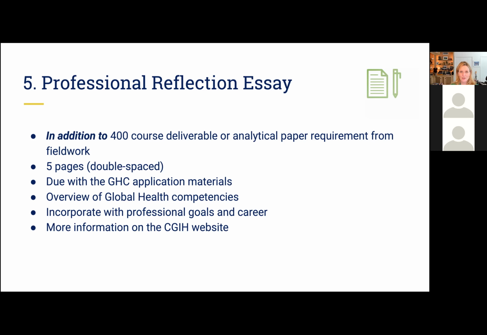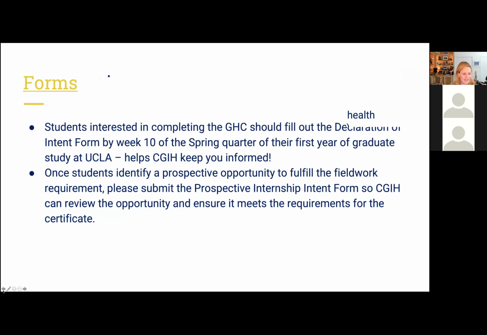We also request that you write a 5-page double-spaced paper due when you submit your global health certificate materials, and just describing the essay. Cindy or Adva, do you want to share a little bit more information on the essay?